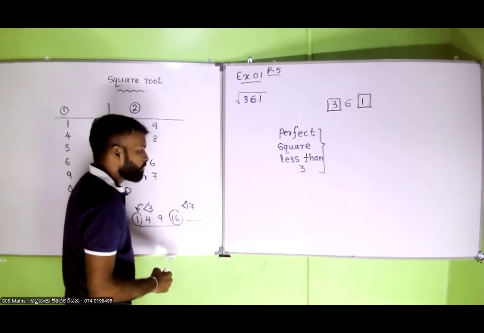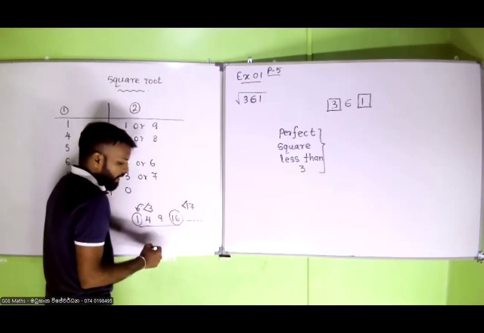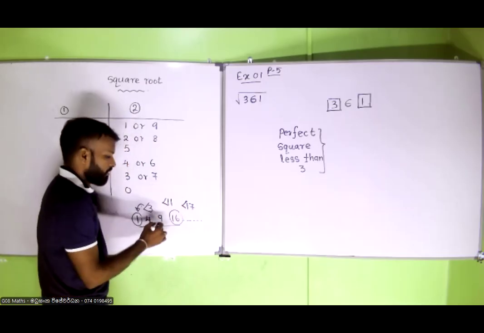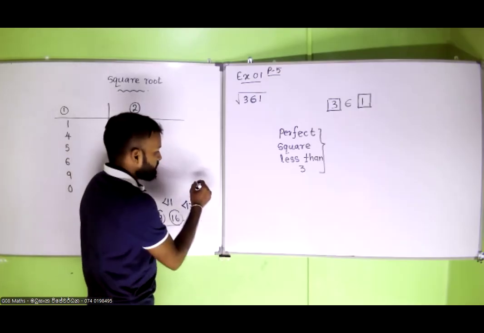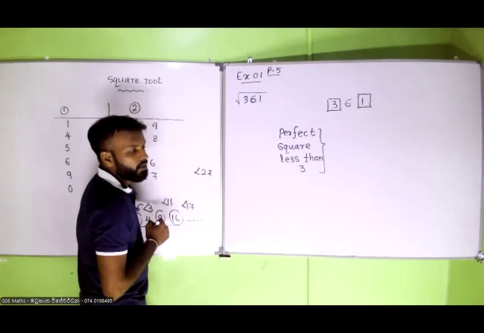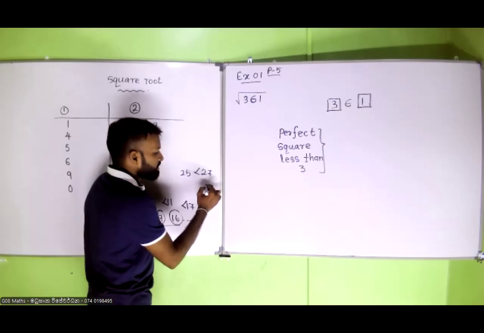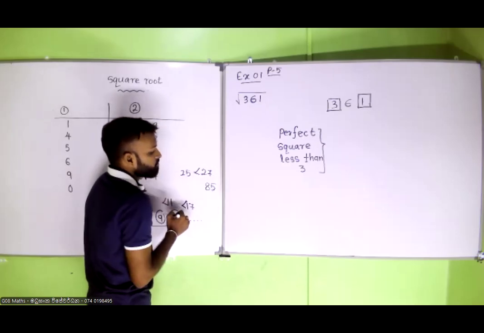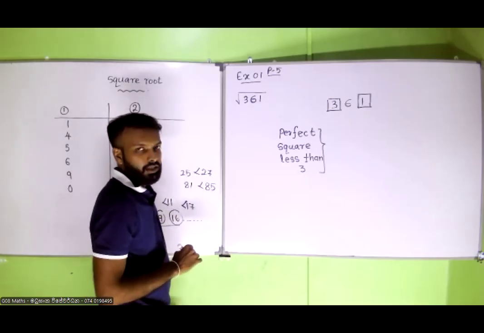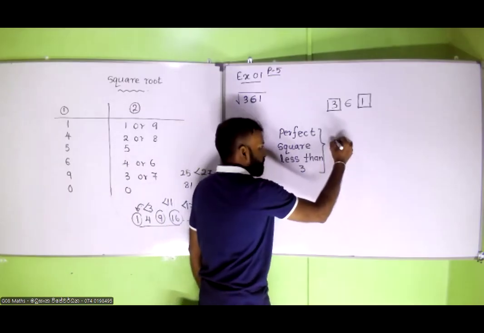Now if someone asks, what is the perfect square less than 11? 9. Then what is the perfect square less than 27? 25. What is the perfect square less than 85? 81. So the perfect square less than 3 is 1.